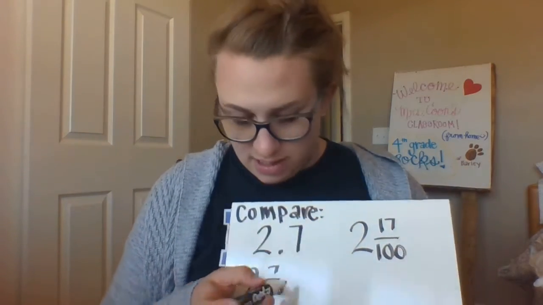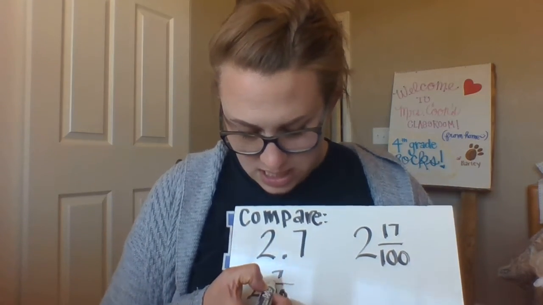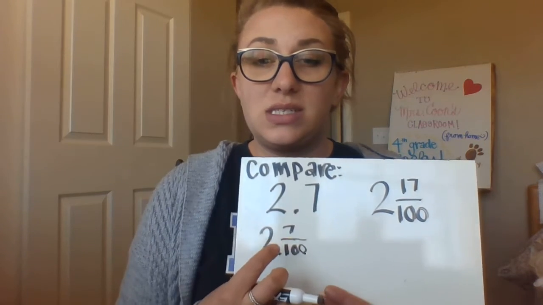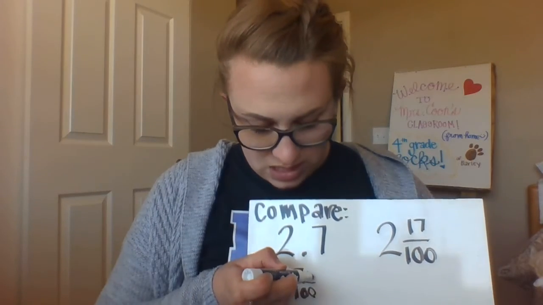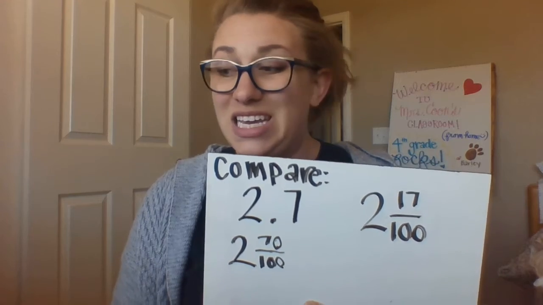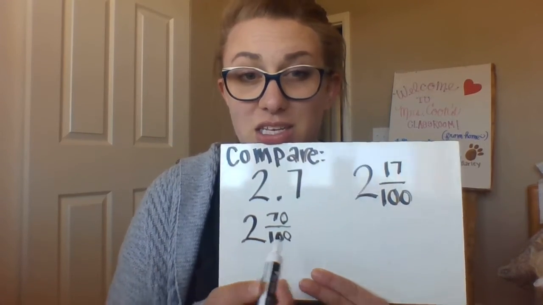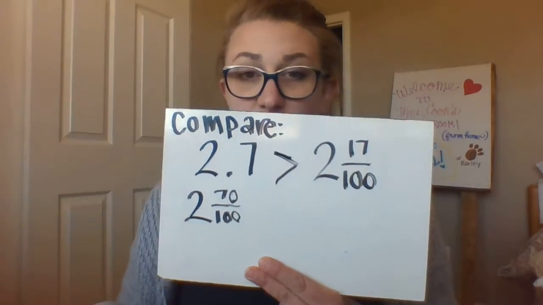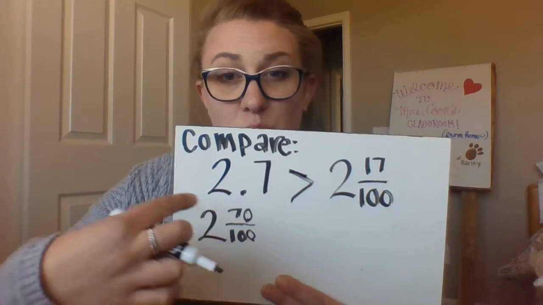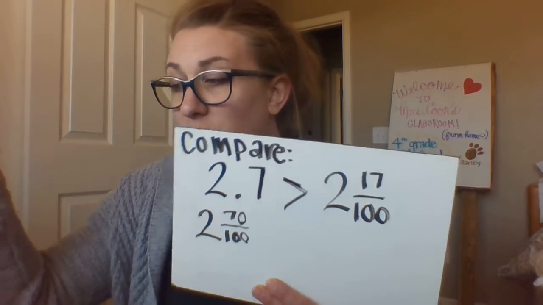We can just add our zeros here to make this into hundredths, so it's easier to look at. So 7 tenths then becomes 70 hundredths. 70 hundredths. So looking at it this way, I can tell you that this 2 and 7 tenths is greater than 2 and 17 hundredths. Remember, the mouth goes towards the greater number, the bigger number. Okay. Another option we had was to actually rewrite our mixed number here as a decimal.